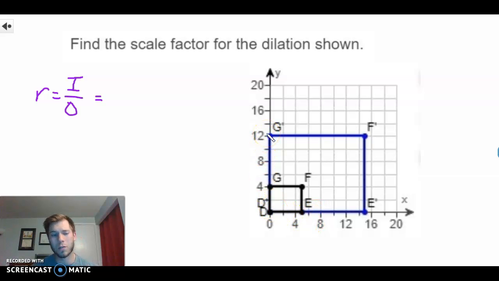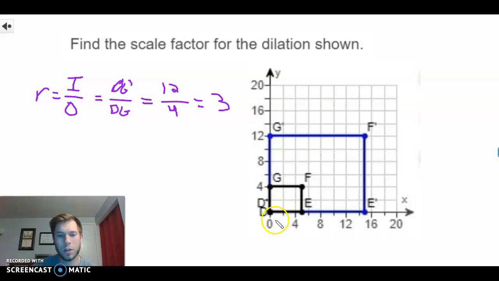You could use G prime to F prime, whichever one you want. So D prime G prime over DG. The length of D prime to G prime is 12, the length of DG is 4, which gets us a scale factor of 3.